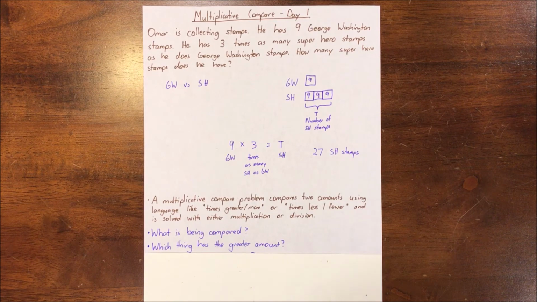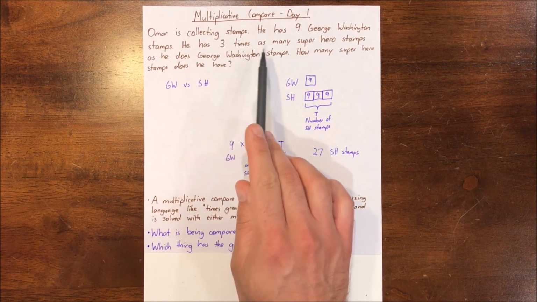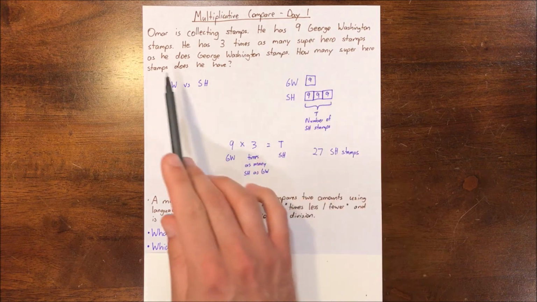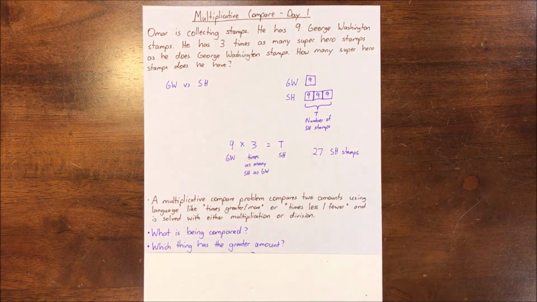Let's reread the sentence from the story problem that tells us the comparison. Get ready? Go. He has 3 times as many superhero stamps as he does George Washington stamps. So, which has the greater amount? Superhero stamps or George Washington stamps? Say it out loud. Yeah, superhero stamps.